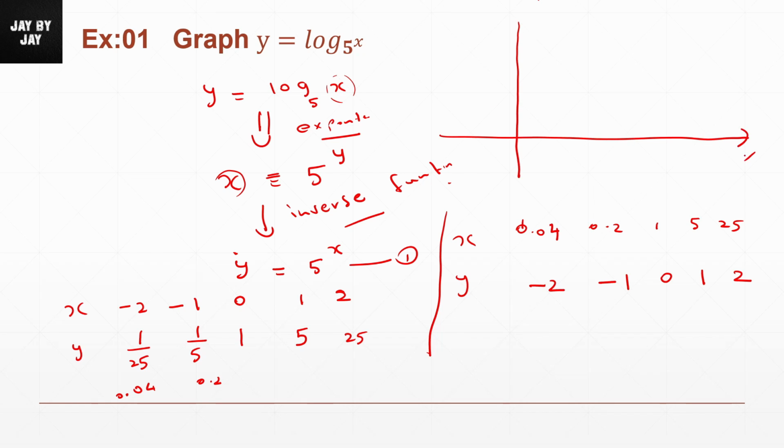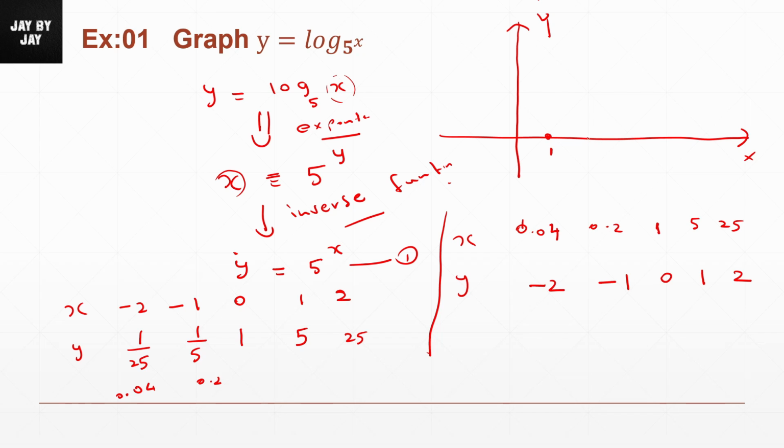Here the x, here the y values, and when x value will be 1 like this, y value should be 0. Okay, here 1, and 5, it will be 1, and 25, it will be 2. You can see it will rise like an exponential, right?